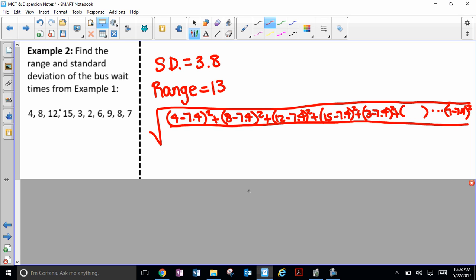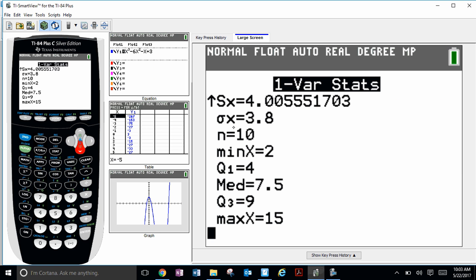And there's 1, 2, 3, 4, 5, 6, 7, 8, 9, 10 values. And then type all that in, square root of all of that divided by 10, and that would give you 3.8. That's doing it by hand. Otherwise, your calculator does it for you, and it's this number here with the little sigma sign.